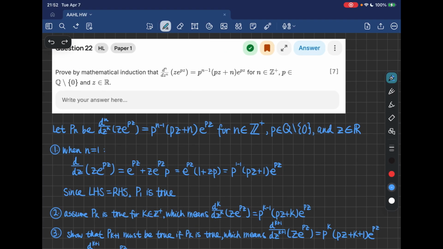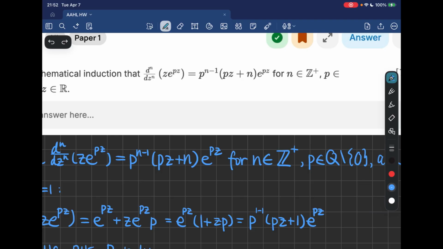Let's read it. So here we have z and we have z, right? So this is a function of z, and we're differentiating that. And if n equals 1, it's just the first derivative. If n equals 2, that's the second derivative.